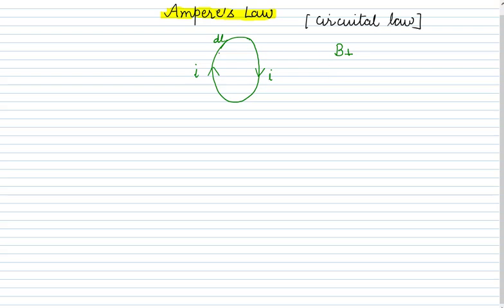We can add all these small components, as we have just done, and get the total magnetic field around the closed path. So we can do B dot dl, and that will be the total magnetic field.